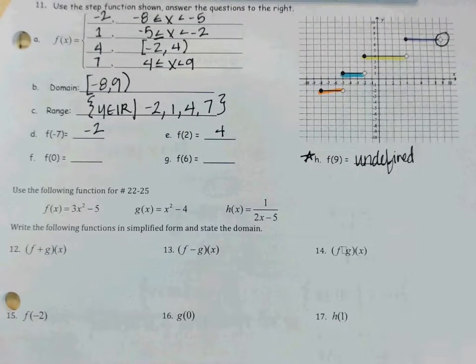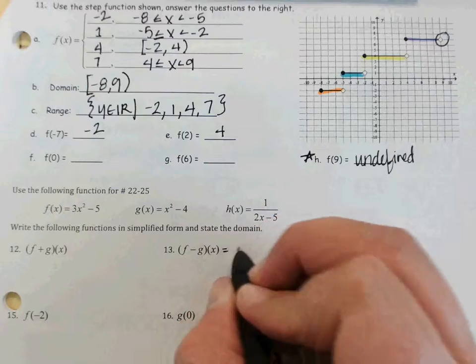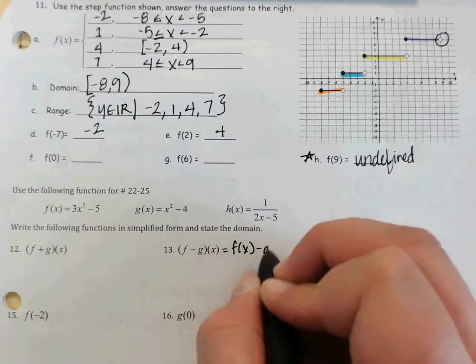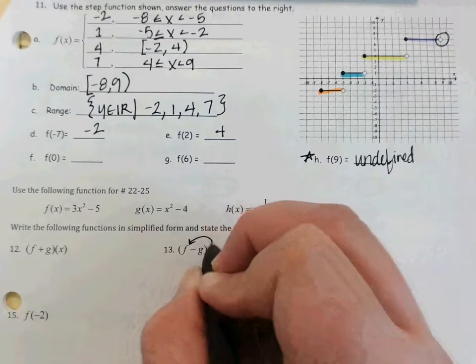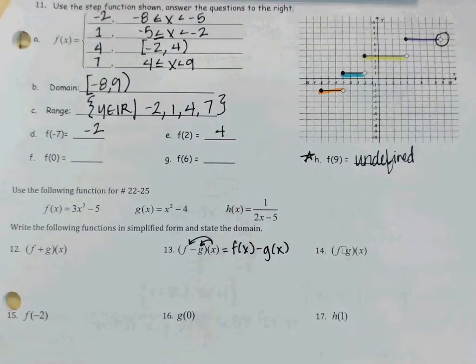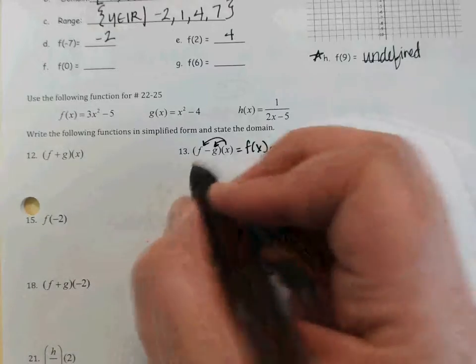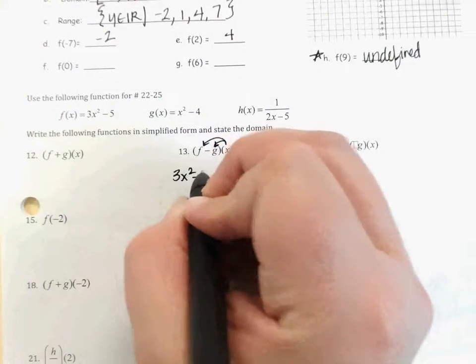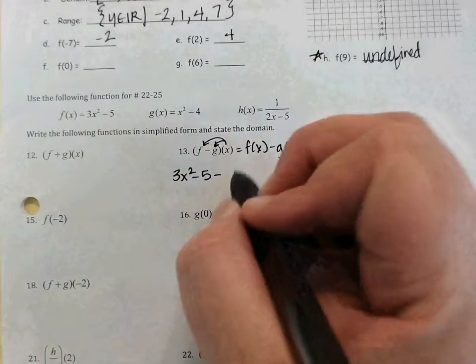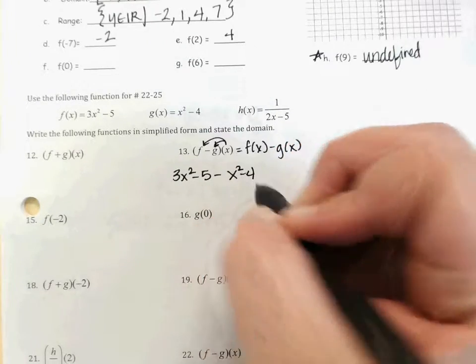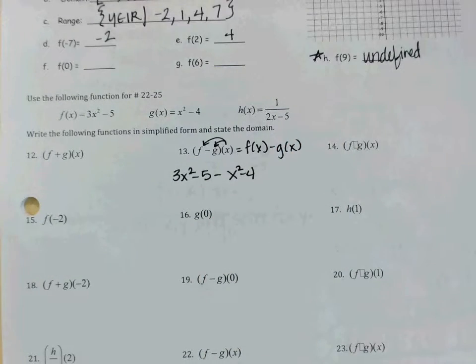Okay, then this last one, we'll just go down the middle row. So look at number 13. You're going to do f of x minus g of x. Remember, you just give both of them their own x. So what's f of x listed out for me? 3x squared minus 5. Minus g of x is x squared minus 4. Now, I'm going to get that wrong, because why?